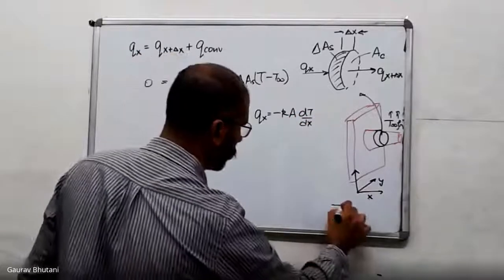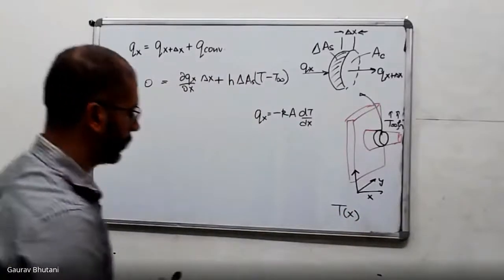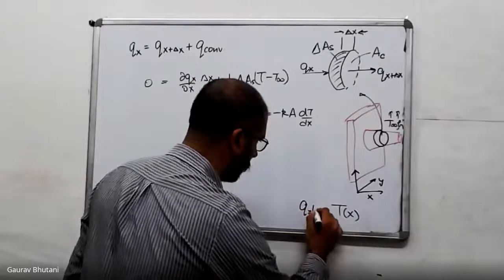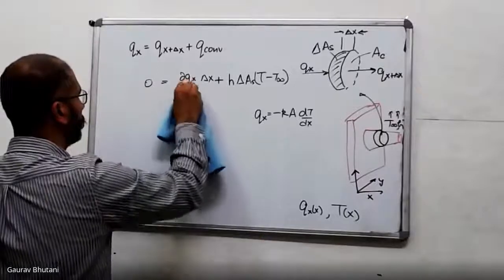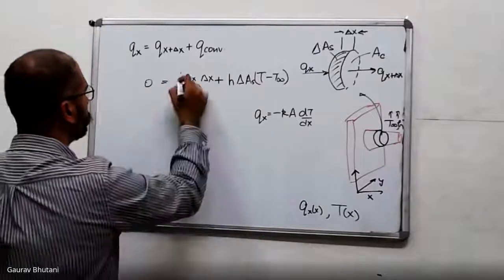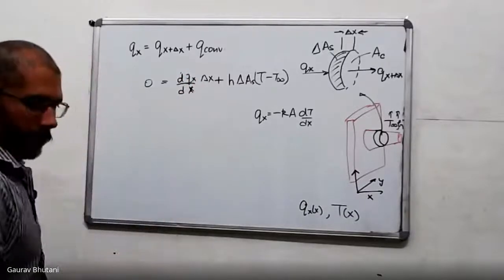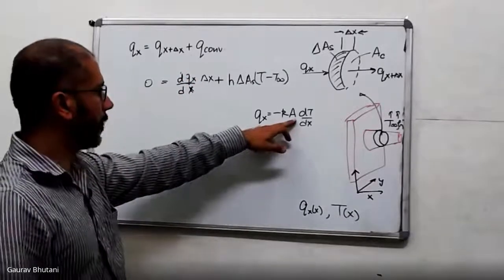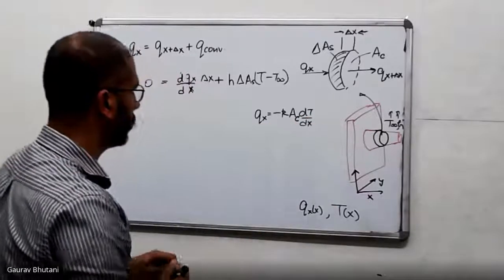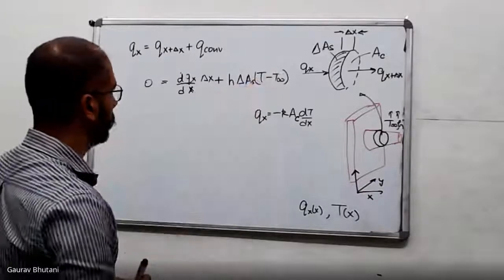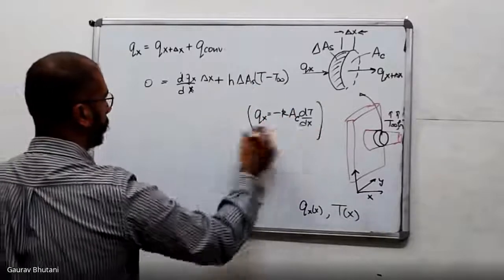T is only a function of x here, and so is Q. So in this case, I can replace this by d by dx. And this area for Fourier's law of heat conduction is the cross-sectional area, so that's AC. We should be careful here because we have two different types of areas. So let's substitute this Fourier's law of heat conduction.